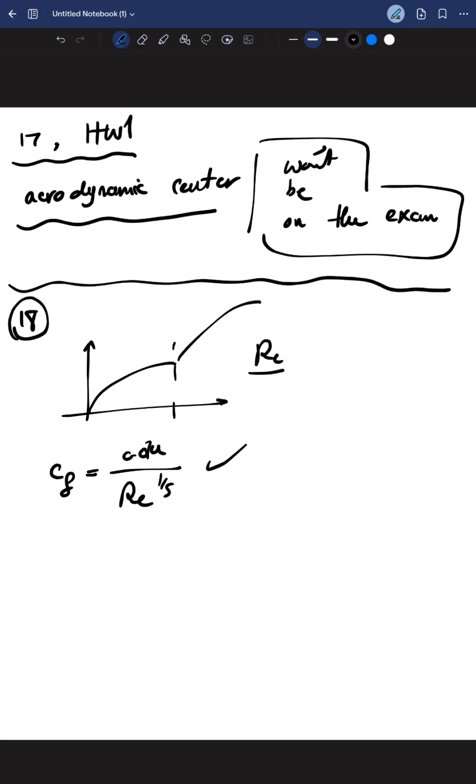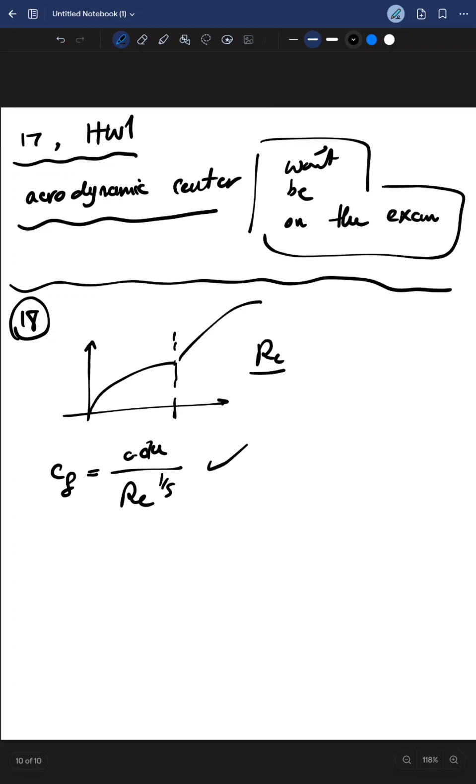And yeah, this problem is pretty simple. It really depends on whether you are in the turbulent region or laminar region. And if you recall, in cases where there's transition happening, we had 3 different steps. The first step was to calculate CF on the laminar region using the laminar formulation.